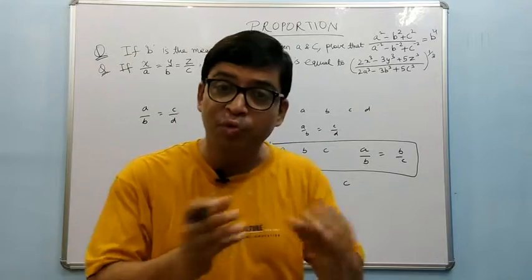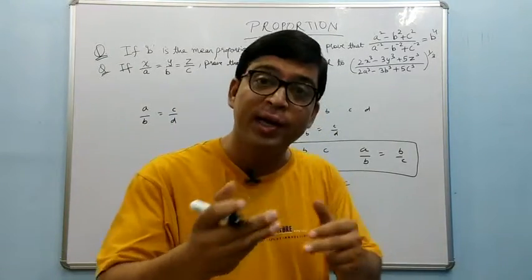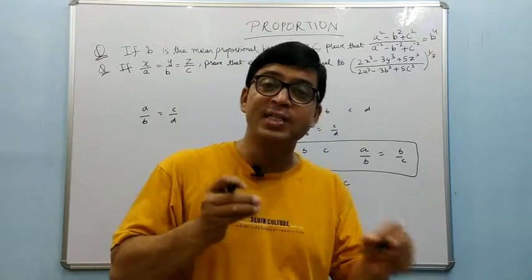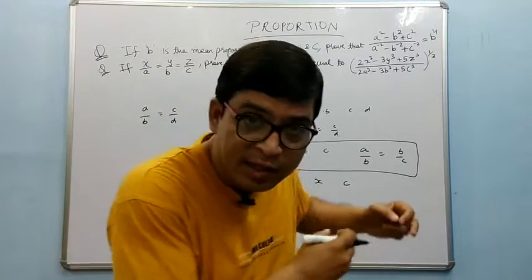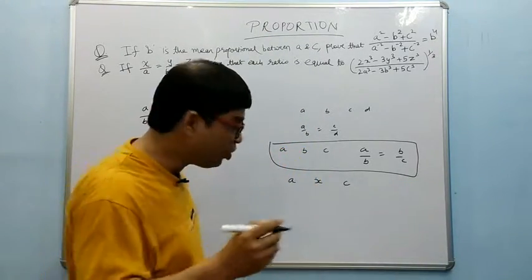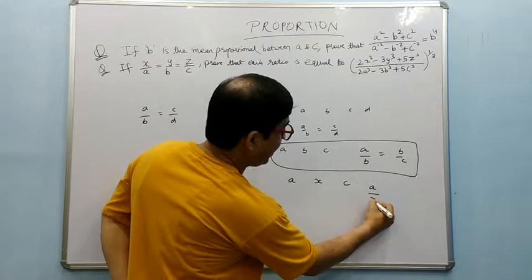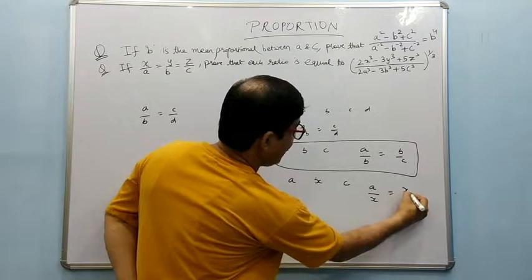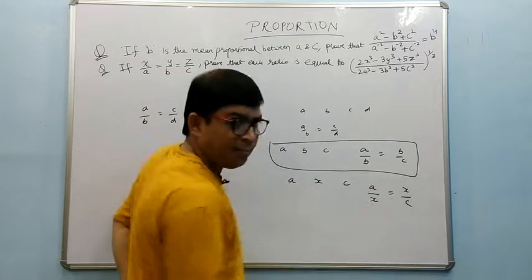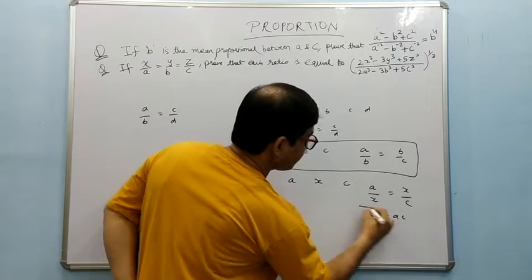X is the mean proportional of A and C. That means X is between A and C. When X is inserted between A and C, the things are proportional. And if they are proportional, you can write A by X is equal to X by C. First by second is equal to second by third. So X square is equal to AC.